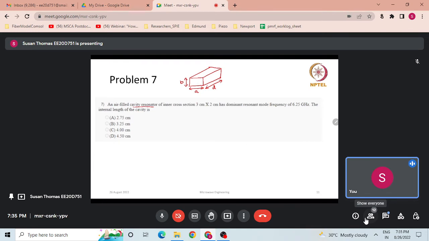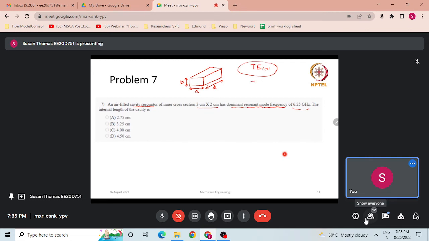This dimension A into B is given to you, and the dominant resonant mode frequency is also given to you. In case of a rectangular cavity resonator, the dominant mode is TE101. This had been discussed in the video lectures, if you remember clearly.